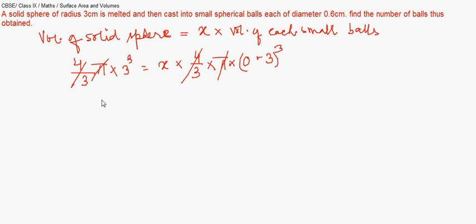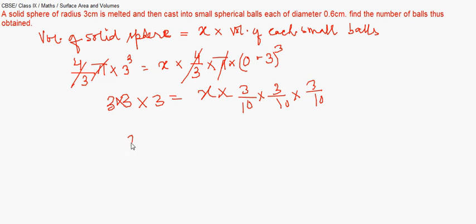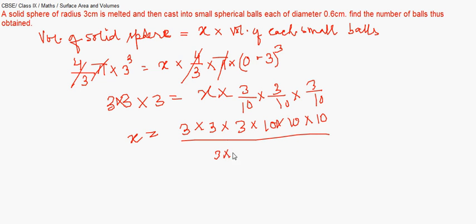We are left with 3 into 3 into 3 equals x into 3 by 10 into 3 by 10 into 3 by 10 if we convert the decimal into fraction, thereby giving x as 3 into 3 into 3 into 10 into 10 into 10 by again 3 into 3 into 3, thereby cancelling these 3s and leaving the number of spherical balls to be 1000.